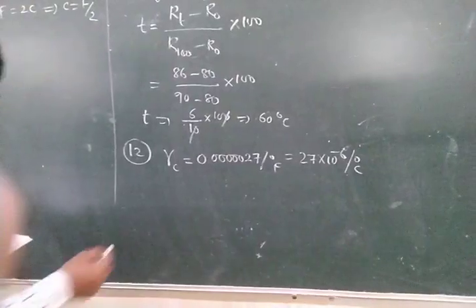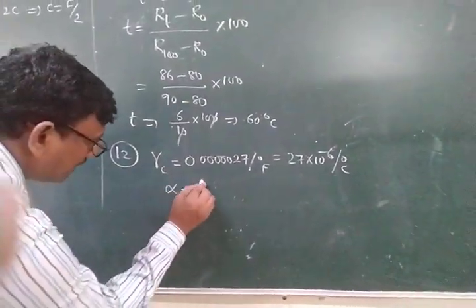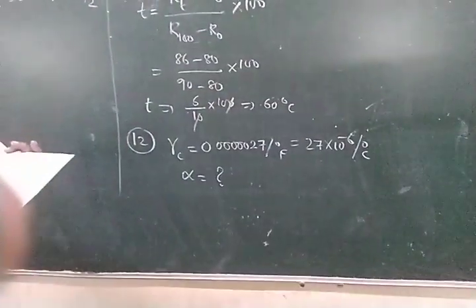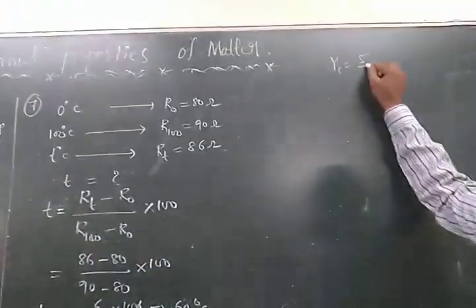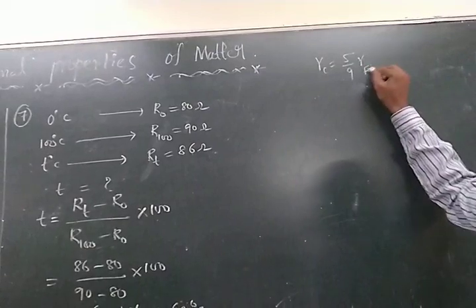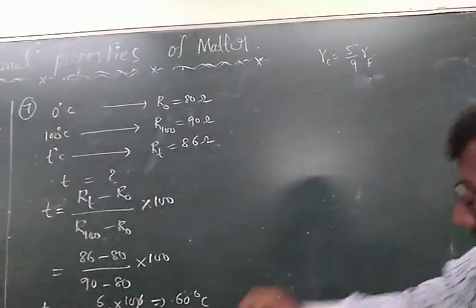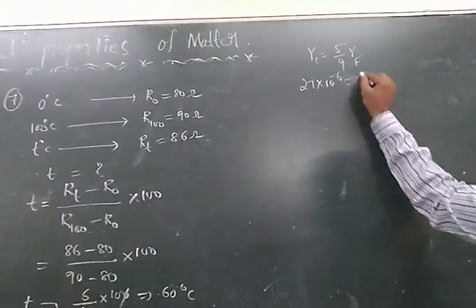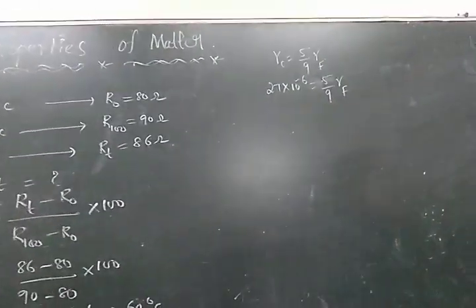Alpha is equal to how much? Here the condition is that the cubical expansion is numerically equal to 5/9 times the Fahrenheit-scale value: 27 × 10^-6 = 5/9 × gamma F.